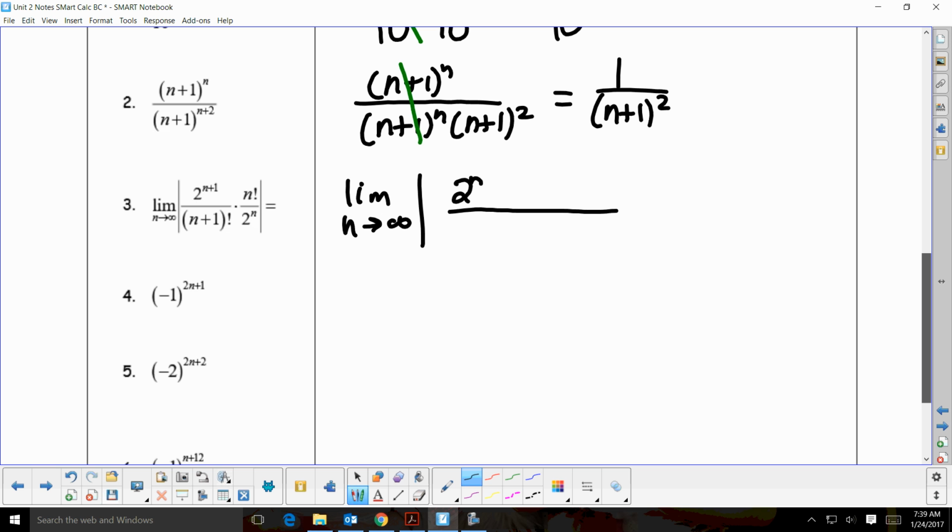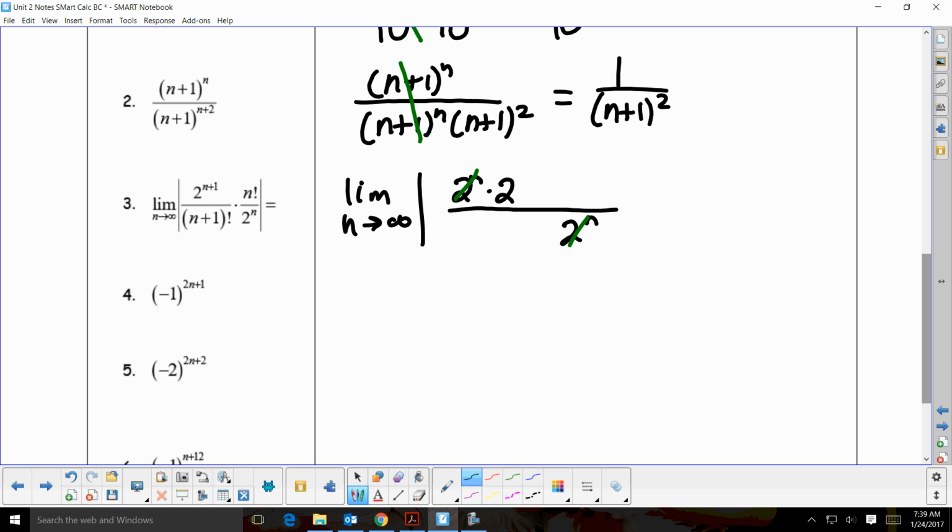So how am I going to rewrite the 2? 2 to the n times 2 to the first. Right? And then this 2 to the n I'm going to leave. Because what happens now is that I can cancel these. Okay, what about the factorial? Which one am I going to try to simplify first? Like, which one am I going to take out from?